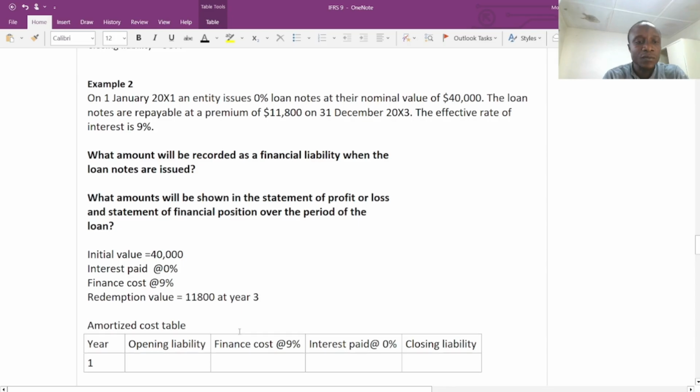Year 1, 40,000. The finance cost is 9%, 0.09 times 40,000 will give us 3,600.